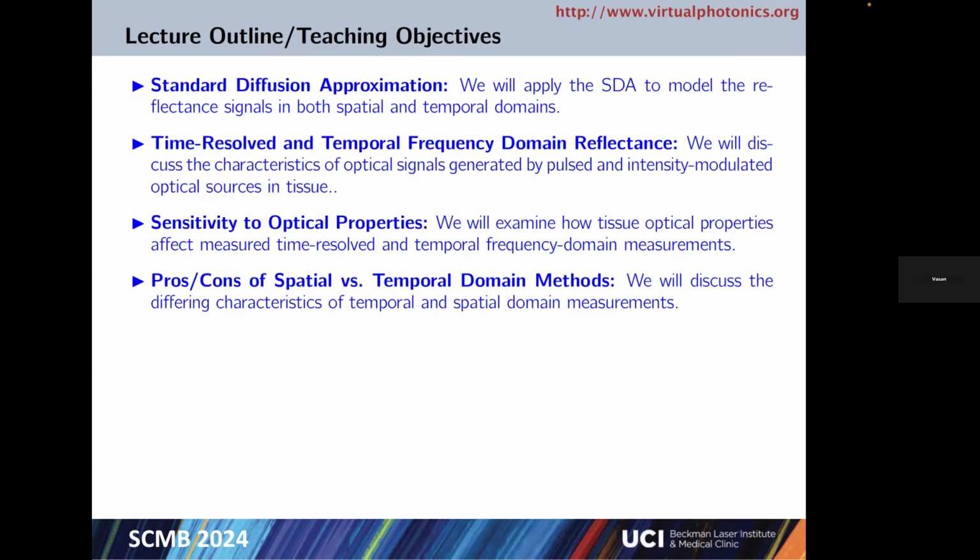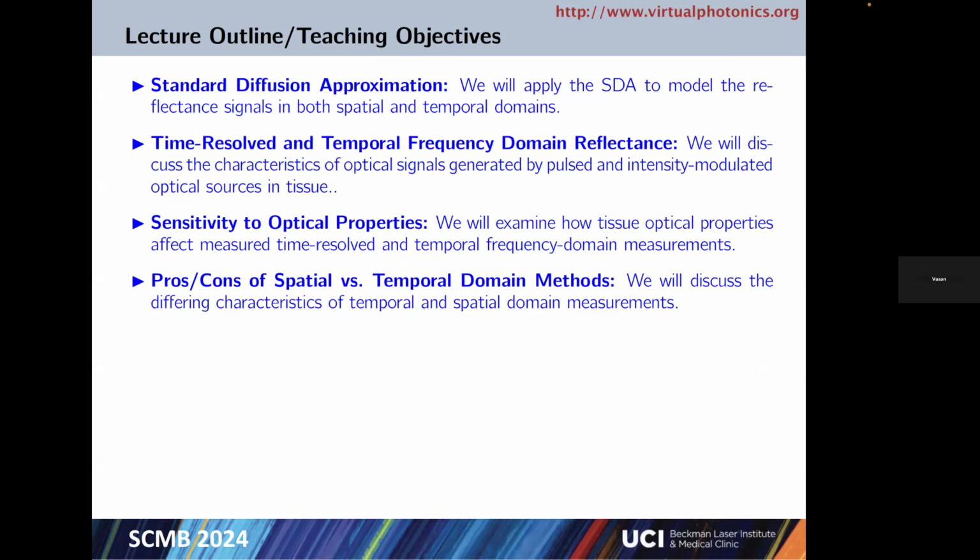And how amplitude and phase characteristics impact the propagation of what are called photon density waves in tissue.